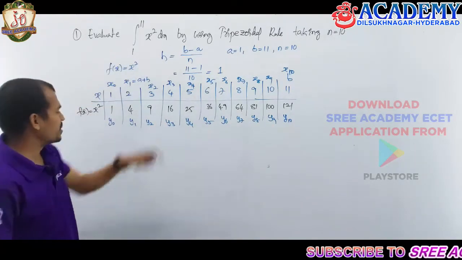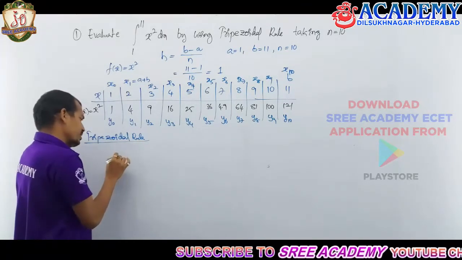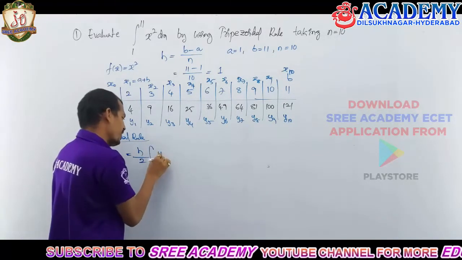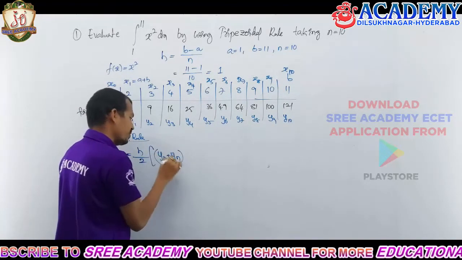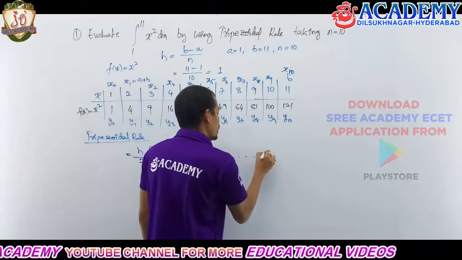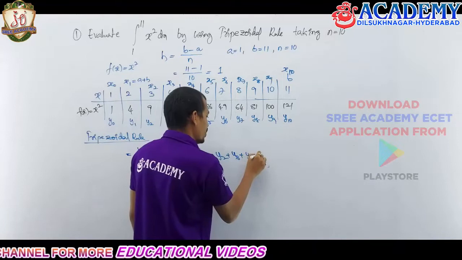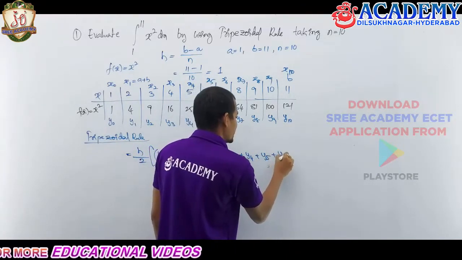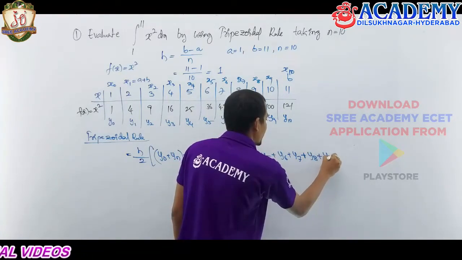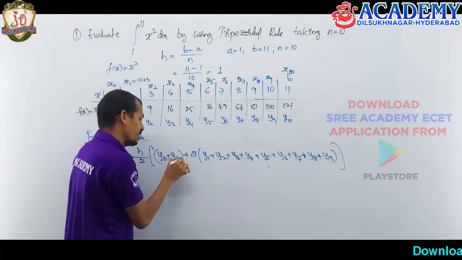What are you asked? The trapezoidal rule. That we know is h divided by 2 into y naught plus yn plus 2 into y1 plus y2 plus up to so on, where we have all values, we will write y3, y4, y5, y6, y7 plus y8 plus y9. We already have y10 here, y0 plus y10.